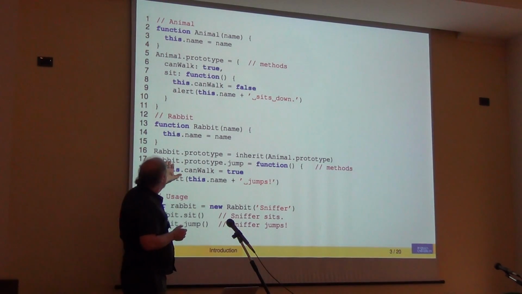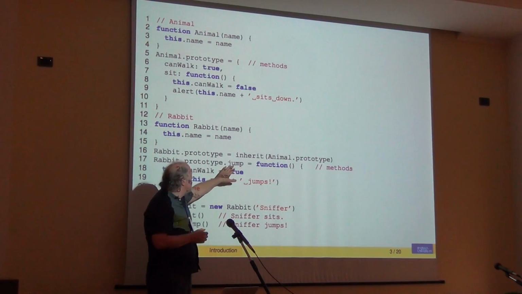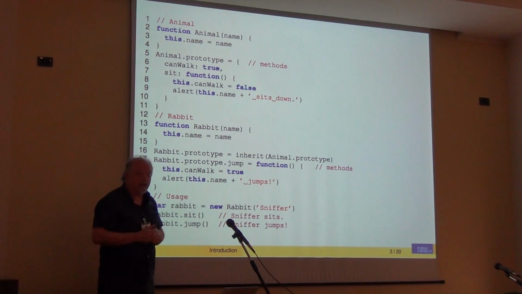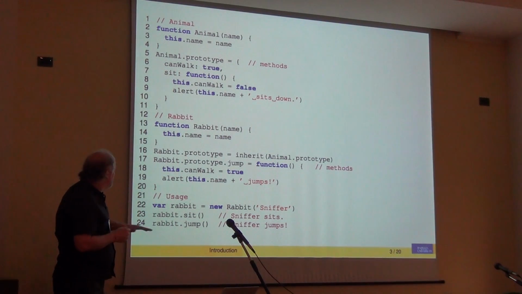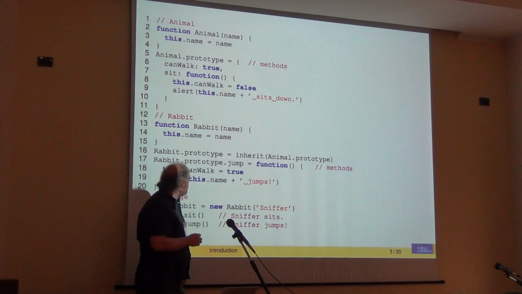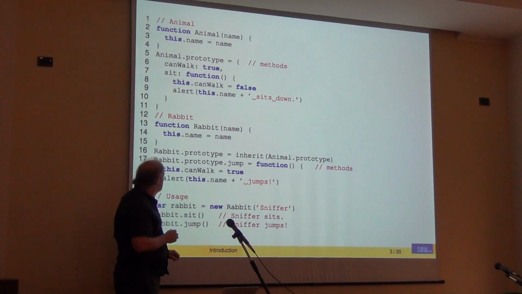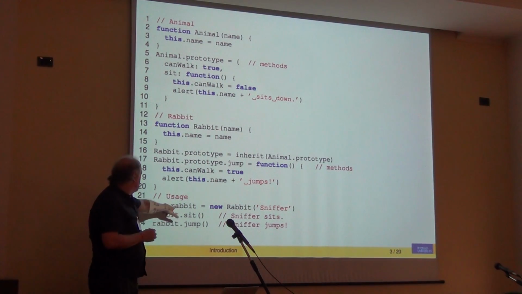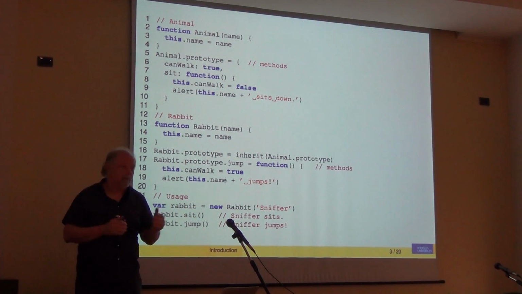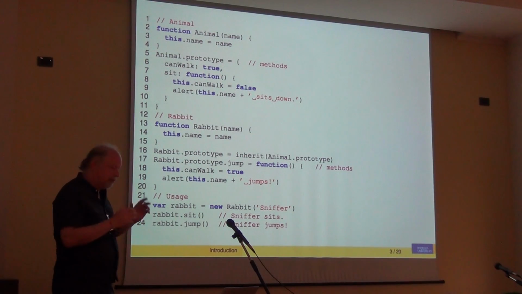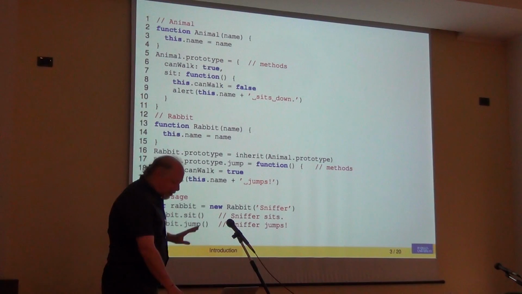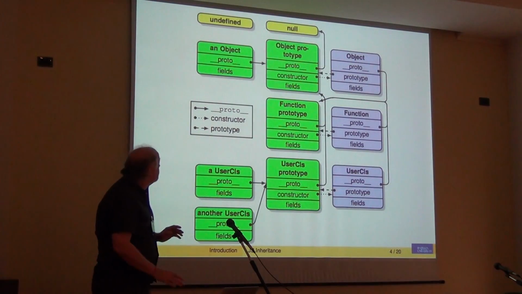And then we define in rabbit's prototype a jump function that is going to set can walk to true and then jump. Okay? And here's how we create a rabbit. We say new rabbit, we give it a name, and store it in a variable. Then we can call the methods on it in the way that looks familiar, or sort of familiar to Smalltalkers. Okay, so I hope that was enough for everybody.